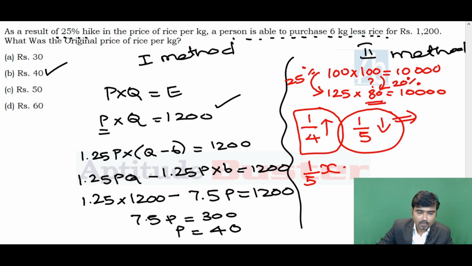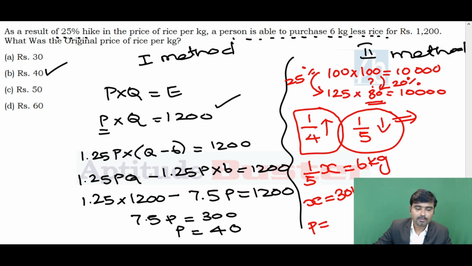That is given: 1 by 5th of X is 6 kg. What's the X value? X value is 30 kg. This is the quantity. Quantity is 30 kg. Quantity 30 kg means what's the price? Price should be 40 rupees. The reason is 1200 divided by 30 gives you the price. Here we get only the quantity, how much he purchased.